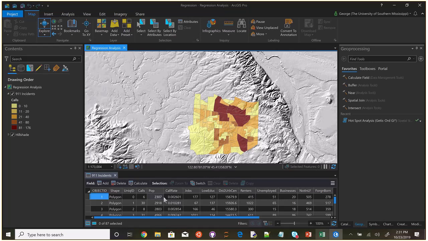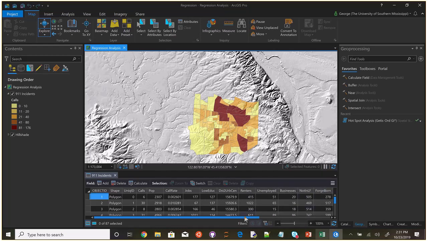They have the number of 911 calls, the population, the call rate, the number of jobs, the number of people who don't have a college education, the distance to the center, the renters, the unemployed, number of businesses.